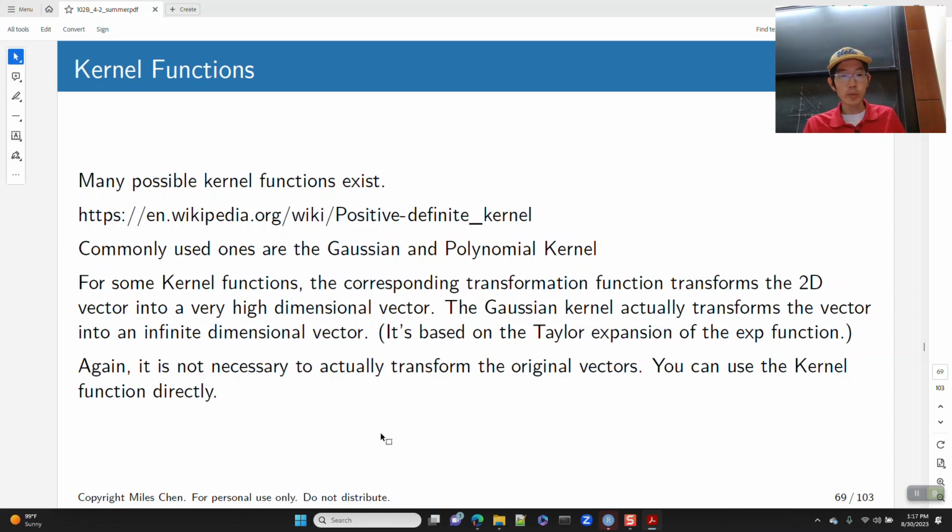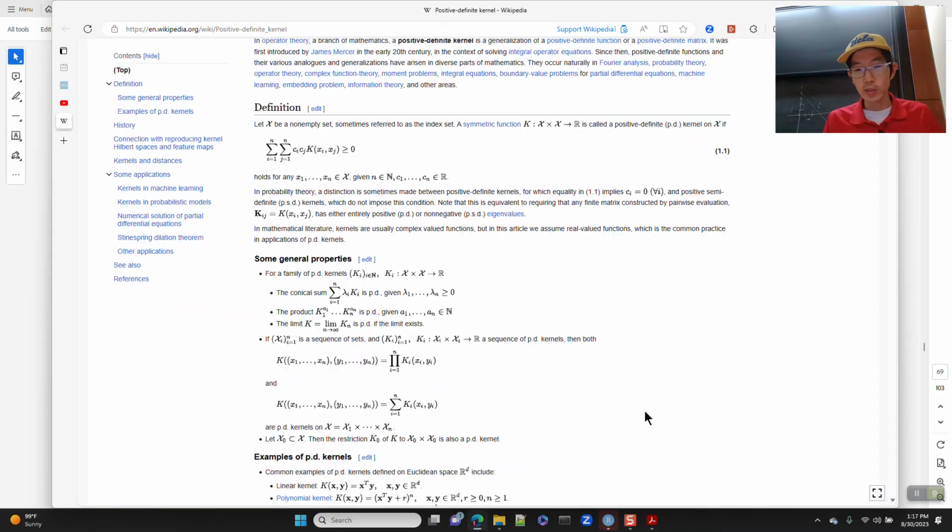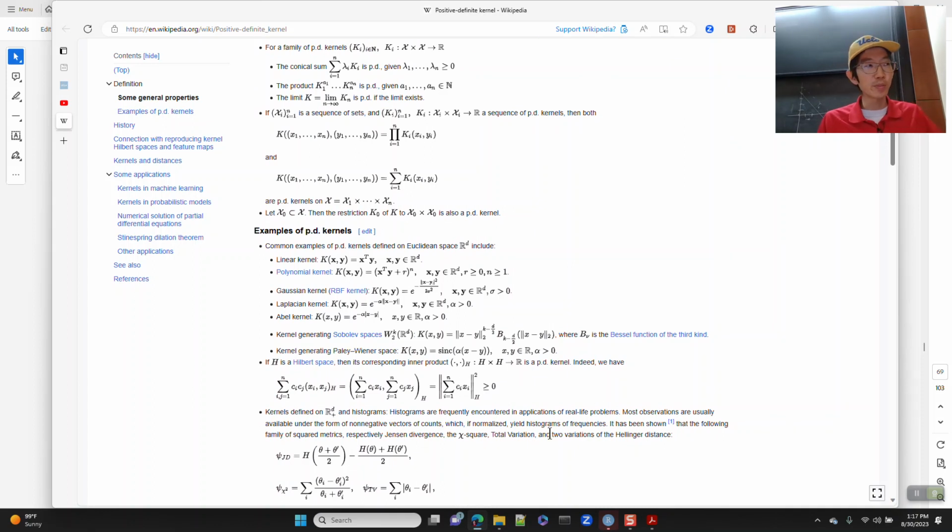Okay. There are a lot of possible kernel functions. So that was just an example of going from 2D to 3D, going from x, y to x, y, and x squared plus y squared. Okay. There's the linear kernel, which doesn't do anything, doesn't transform it. Polynomial kernels.